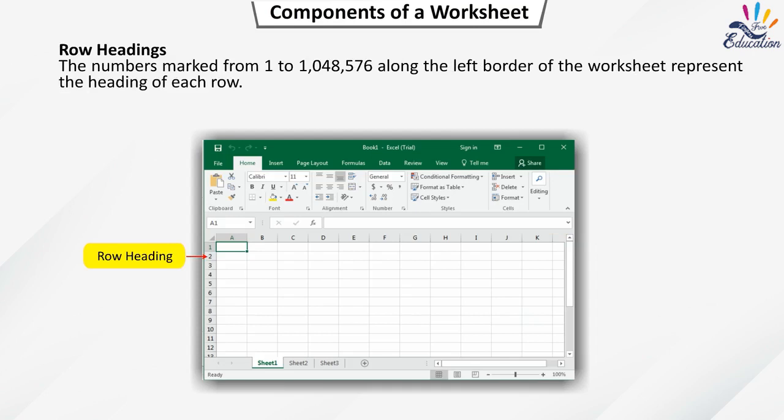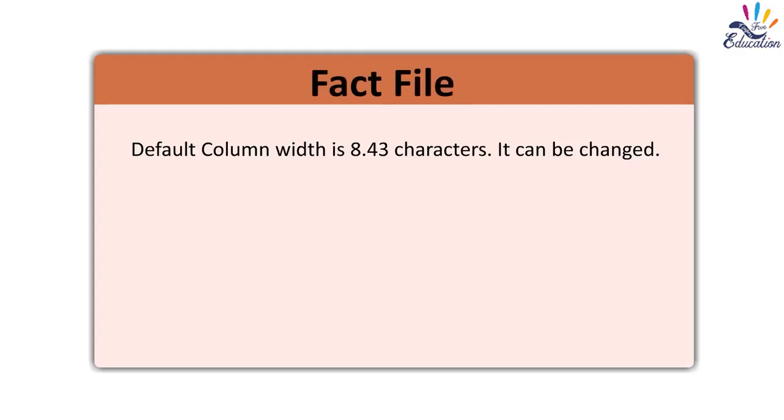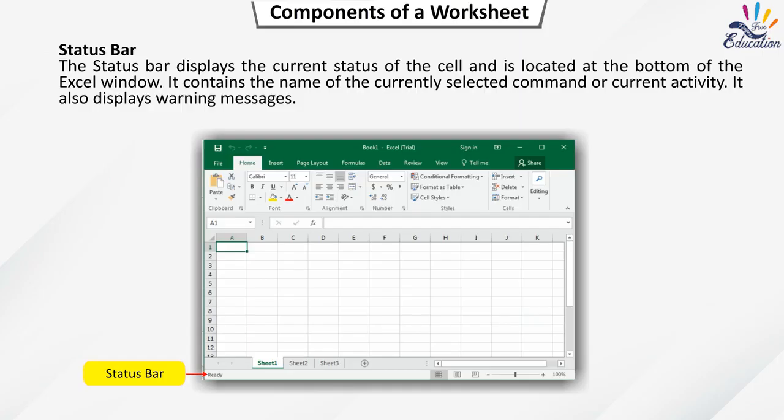The numbers marked from 1 to 10,48,576 along the left border of the worksheet represent the heading of each row. Fact file. Default column width is 8.43 characters. It can be changed.